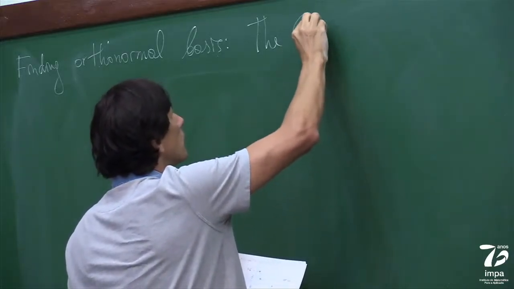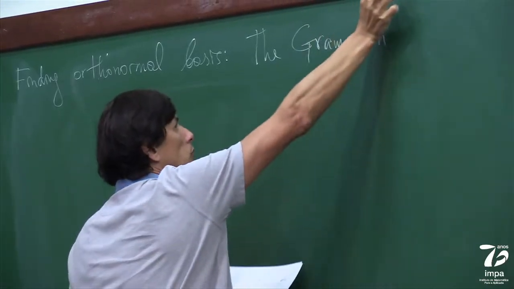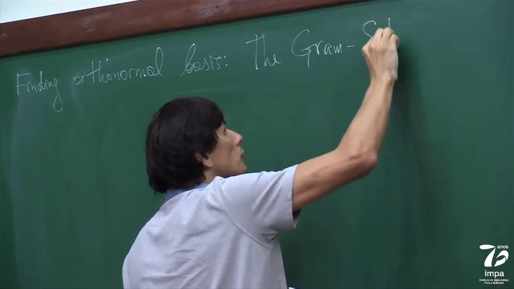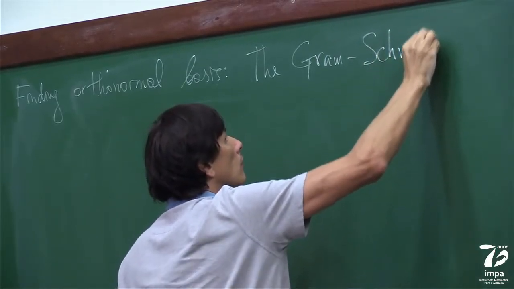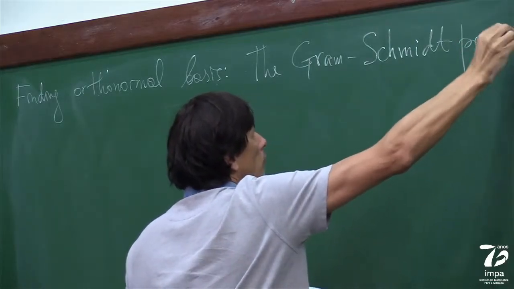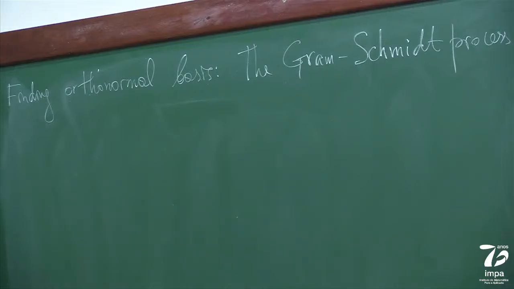So Gram-Schmidt. What the Gram-Schmidt process does is it gives you an orthonormal basis from any basis.